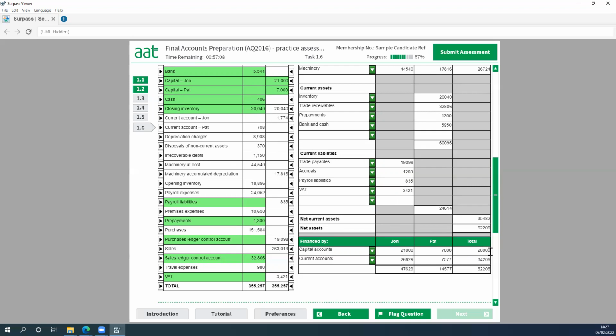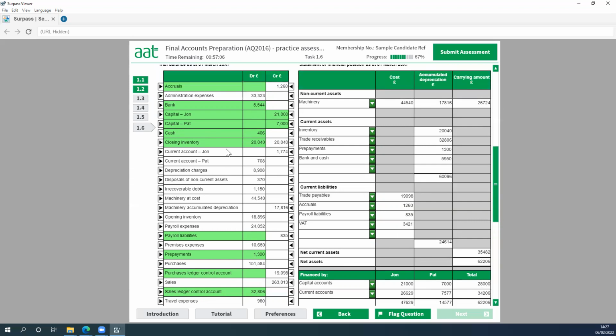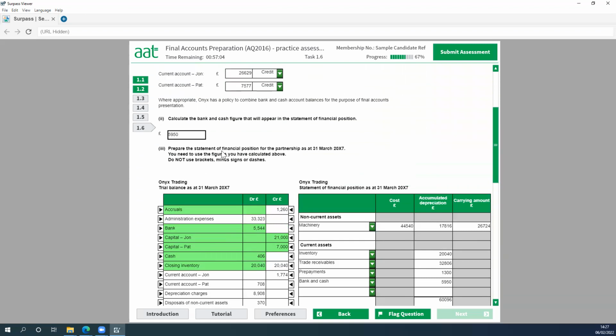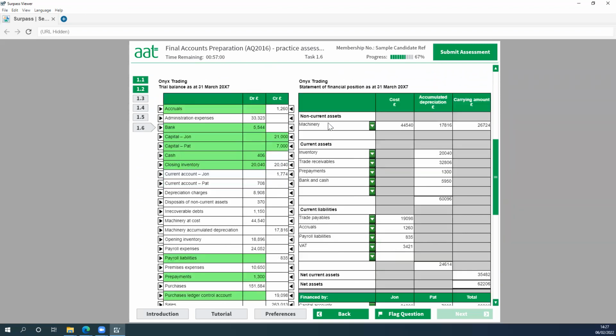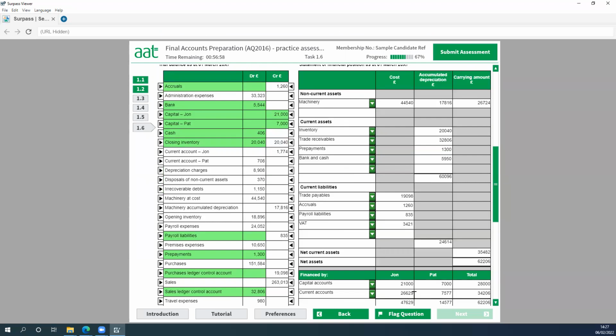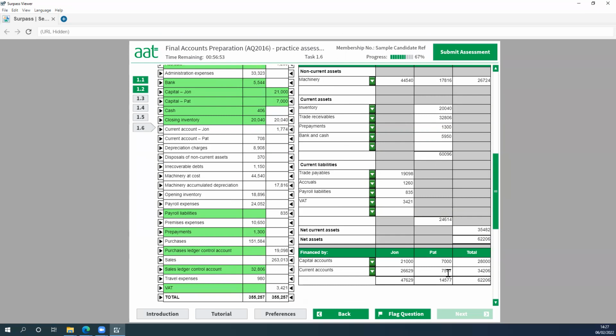As far as the current accounts are concerned, which we've already done up here, the current account balance is 26,629 for John, and 7,577 for Pat. So adding that across gives us 34,206. And then we add them all down.